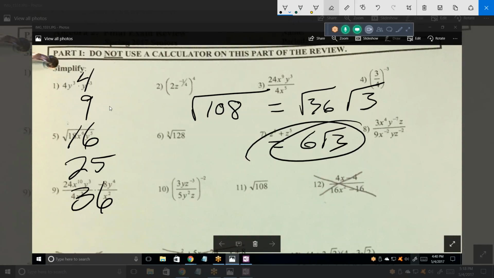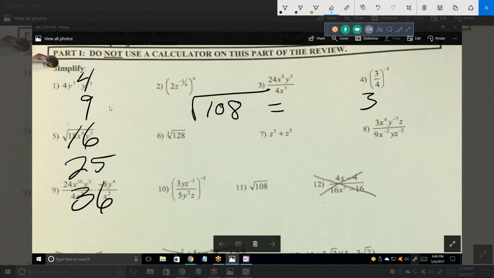Okay? Now, let's say you didn't realize that 36 was a factor, but you knew that 9 was. In other words, I can see that it is divisible by 9. Why? Because the digits all add up to 9. If the digits of a number add up to 9, the number is divisible by 9. That's a great thing to remember, because a lot of times you want to know if it's divisible by 9, particularly since 9 is a perfect square number.